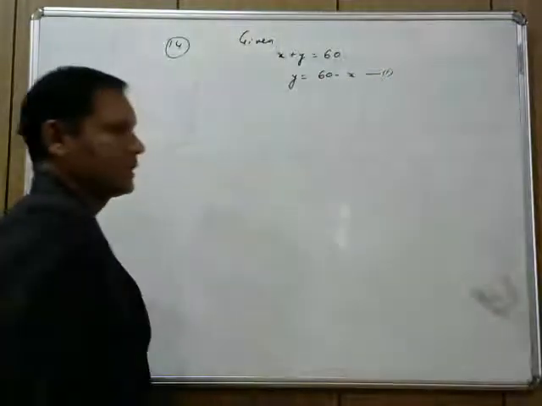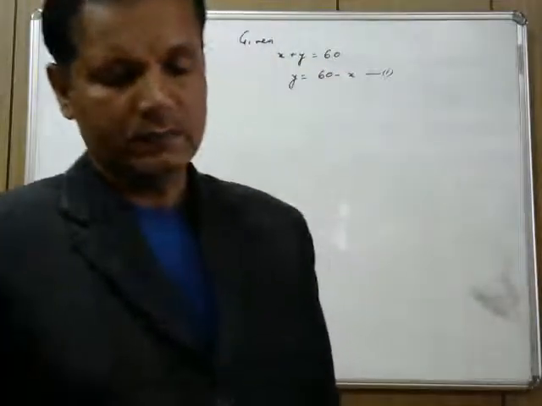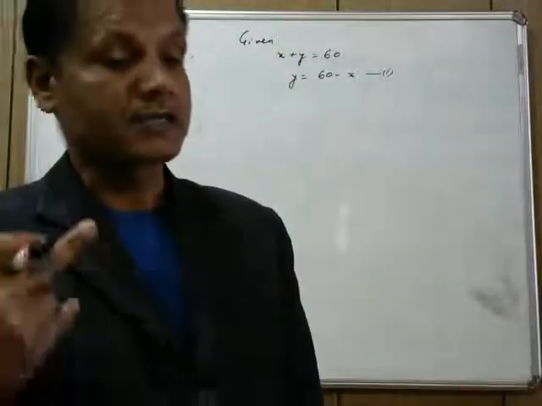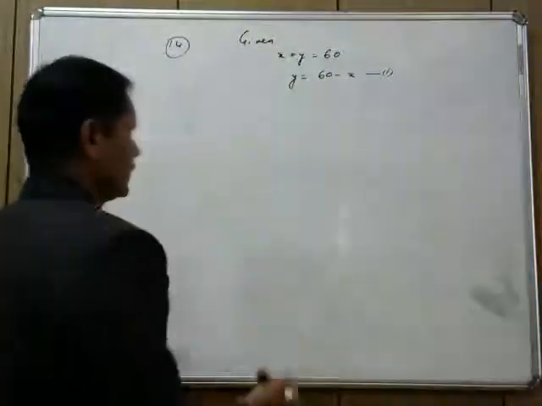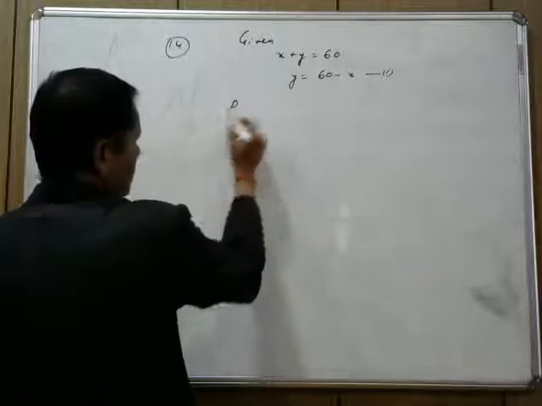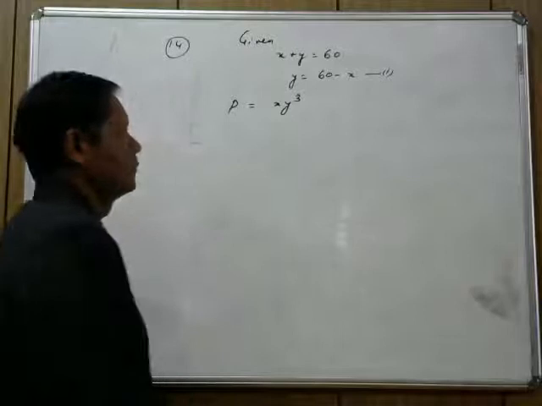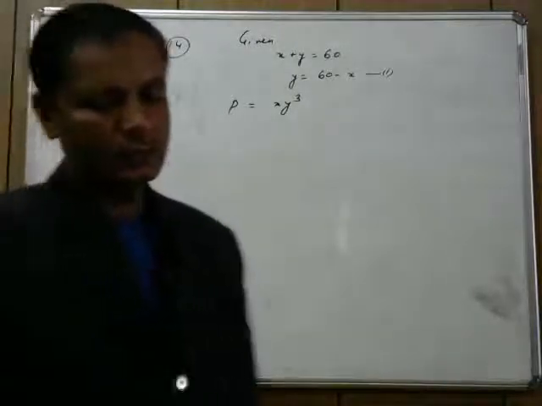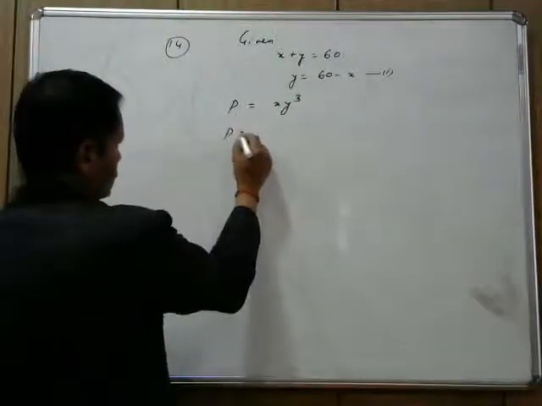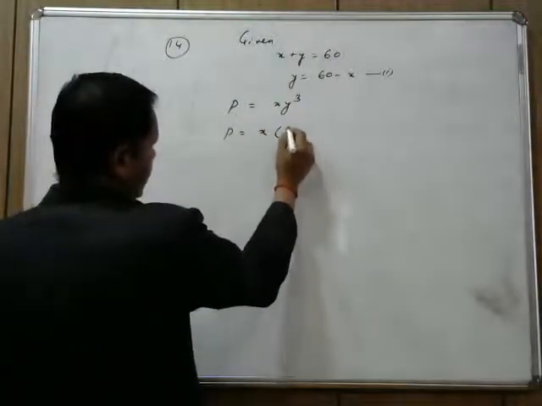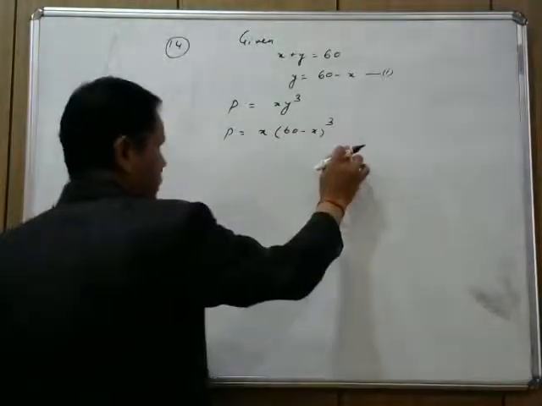One more thing is given, the function which you have to maximize or minimize: xy is maximum, which I can write as P is equal to xy, right? So now I can write P is equal to x into, in place of y, 60 minus x. Now this is the function which we have to maximize.